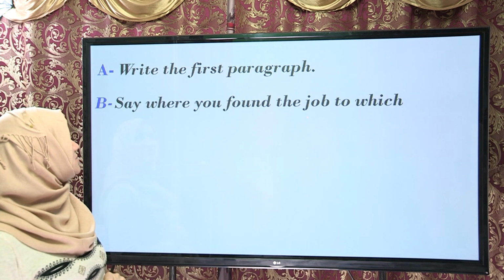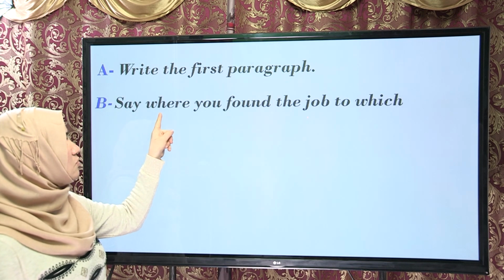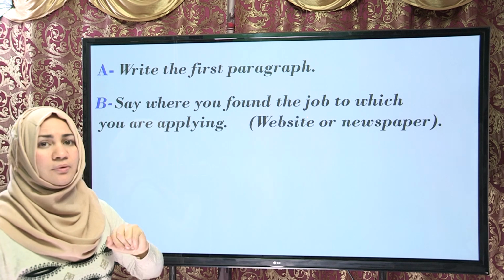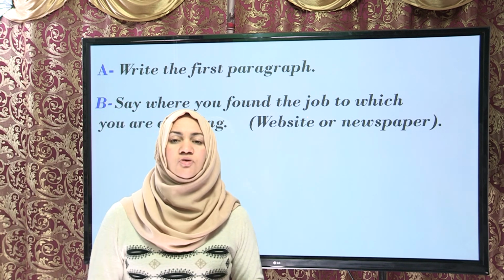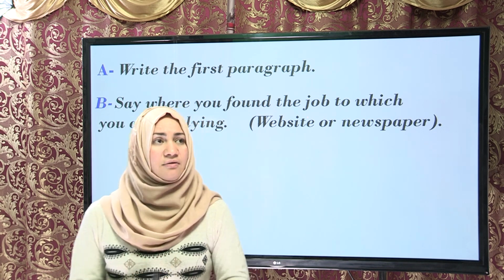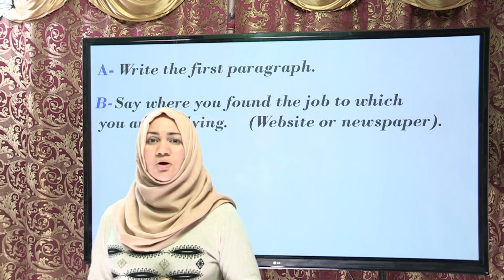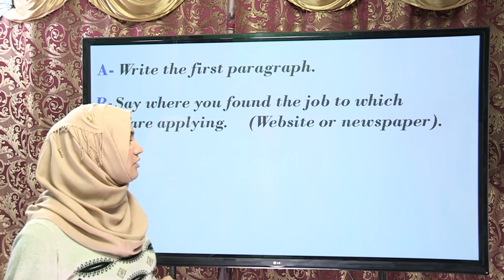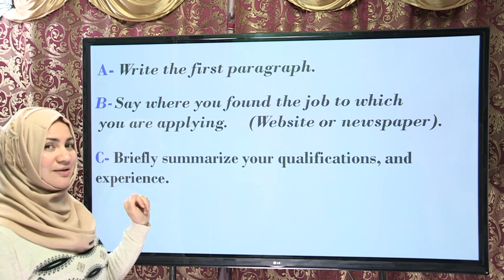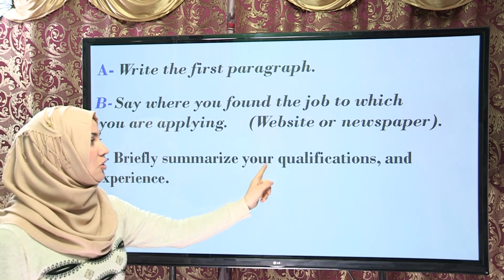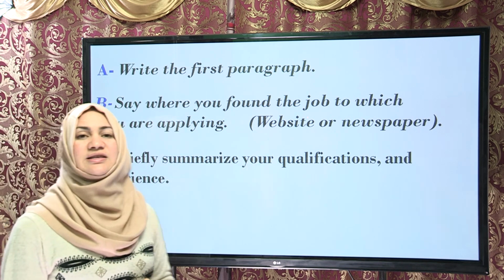The second point, say where you found the job to which you are applying. It means where did you find this job announcement, either on a website or in a newspaper. The third point, briefly summarize your qualifications and experience.